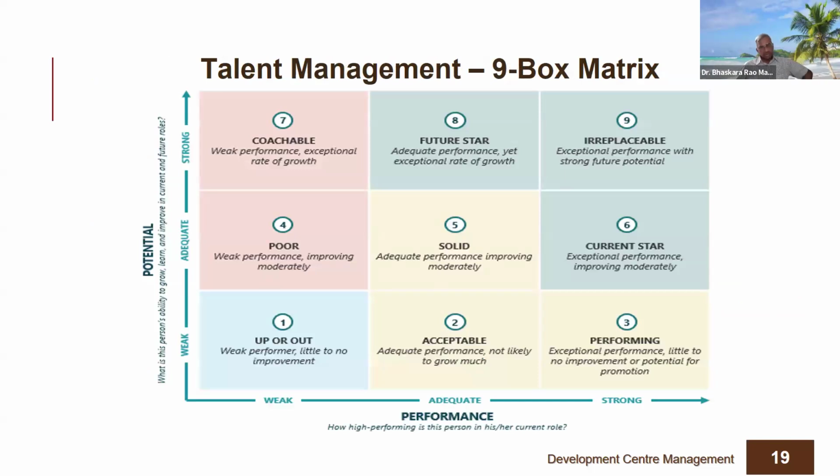Now, this is a matrix. I think if you can understand this, it's a useful decision making tool. On the x-axis, you have the performance. On the y-axis, you have potential.